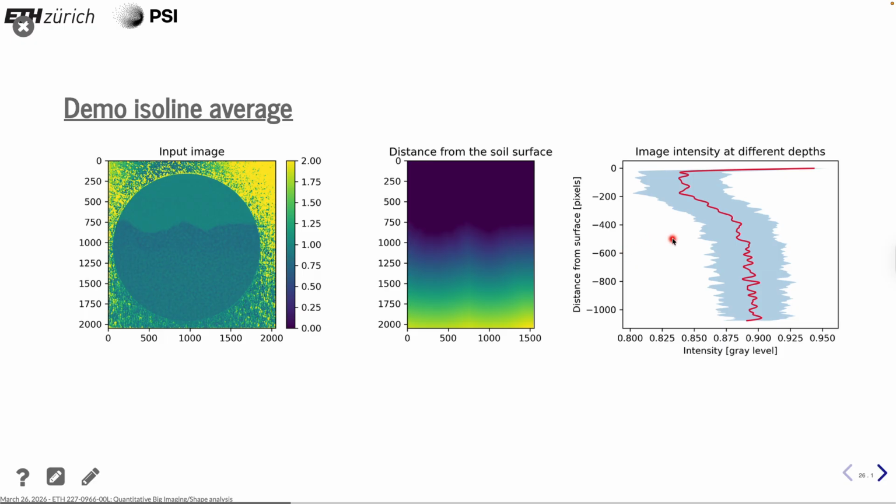I plotted the depth, the distance from the surface, in this direction, and the gray level intensity here. We can see that there is a lower intensity at the top, which indicates that it may be more porous or drier or something. And then when it comes down, it settles to some constant gray level.